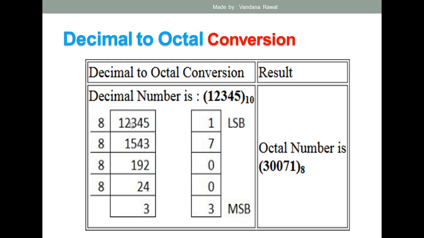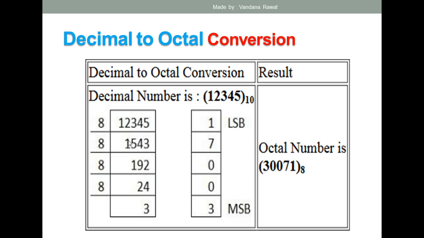So let us take this example. First of all, for example, you have one number, that is 12345. If you are converting this number into octal, then you have to take the base of the octal number, that is 8, and divide this decimal number by 8.